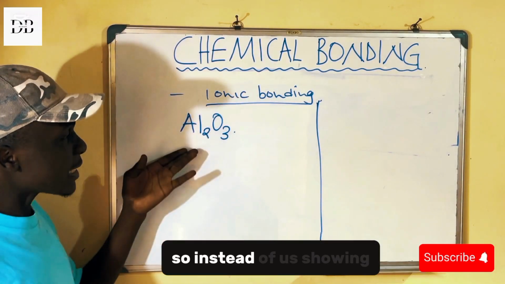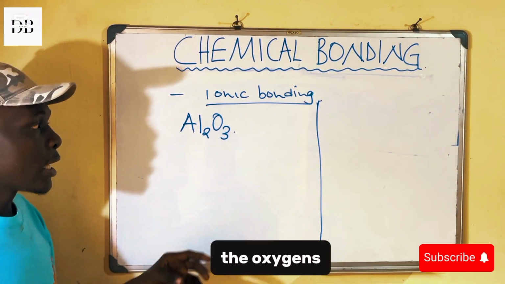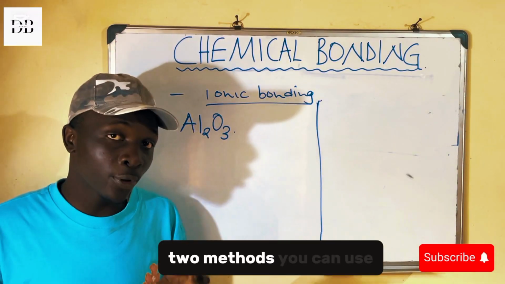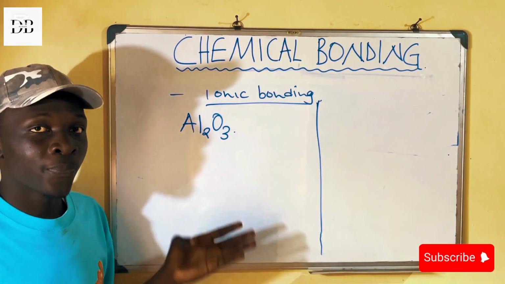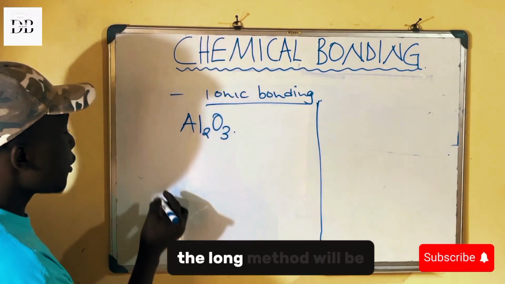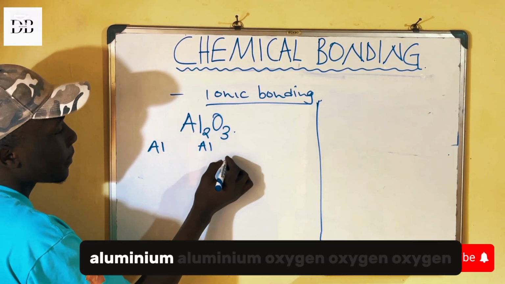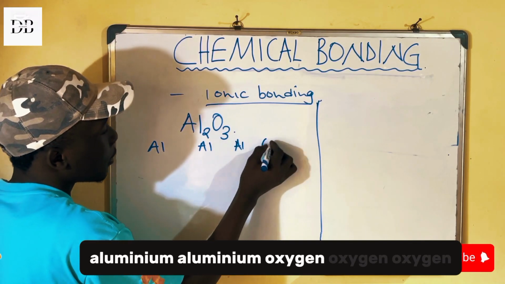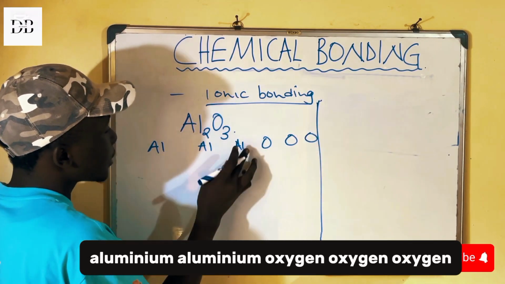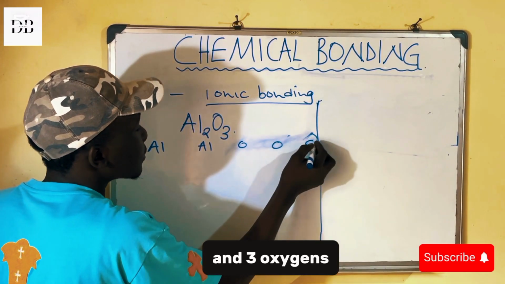So instead of showing all the aluminiums and all the oxygens, I'll show you the 2 methods you can use for such a type. Let us first use the long method. The long method will be aluminium, aluminium, oxygen, oxygen, oxygen. Sorry, you have 2 aluminiums and 3 oxygens.